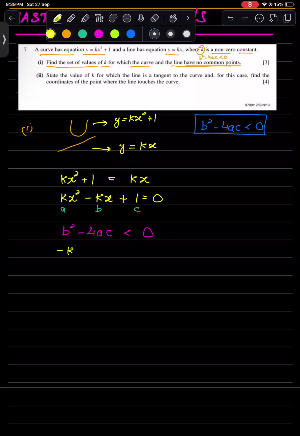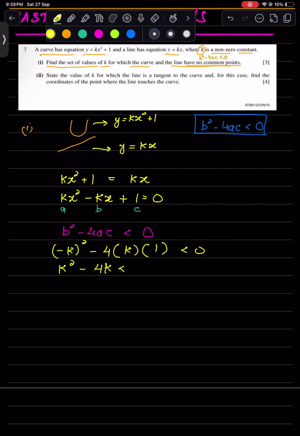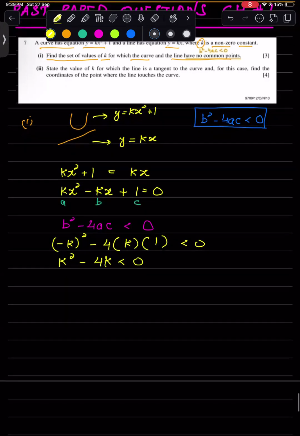Minus k squared minus 4 into k, then c is 1, less than 0. k squared minus 4k less than 0, right? I can take k common out, it would be k times (k minus 4) less than 0. So k is equal to 0, or k is equal to 4, right?